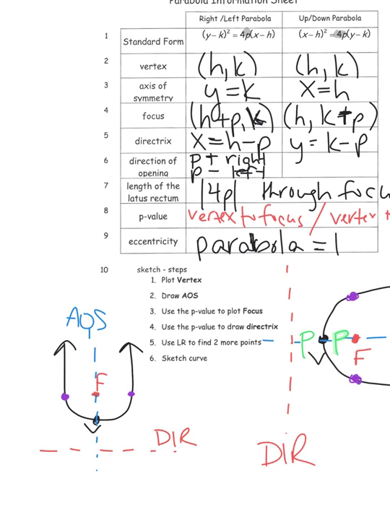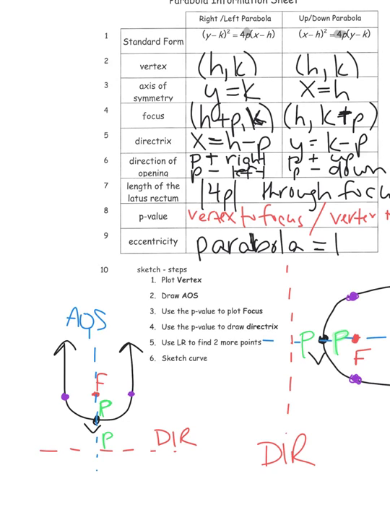So it's a horizontal line, so it's a y equals line. And then just like in the right and left facing, if p is positive, our parabola is going to open up. If p is negative, it's going to open down. And once again, that p value just describes to us how far away the vertex is from the focus, so I'll label it on the picture, that's p, and the vertex to the directrix, that's also p.